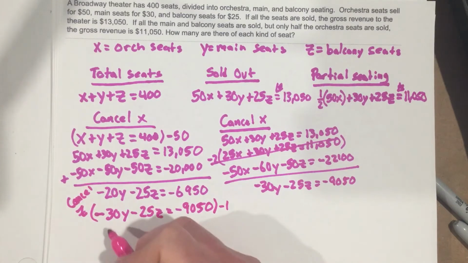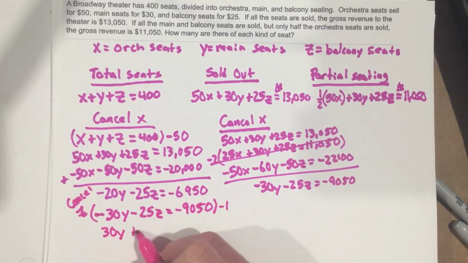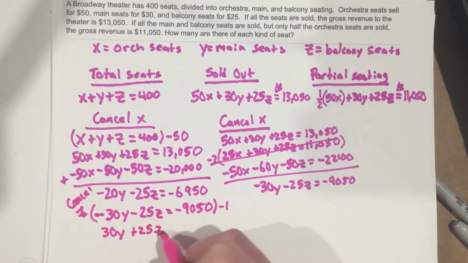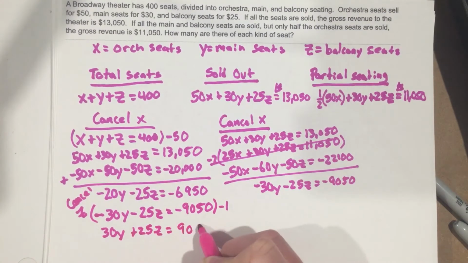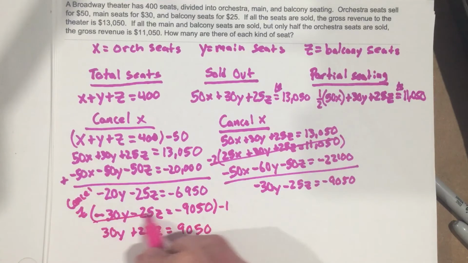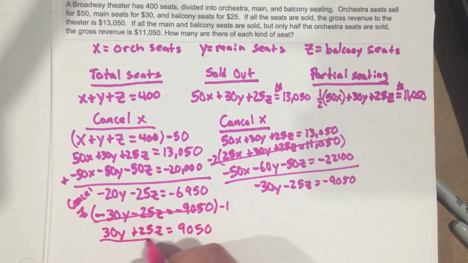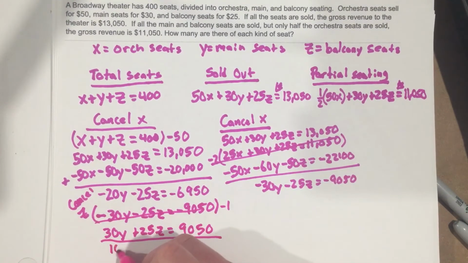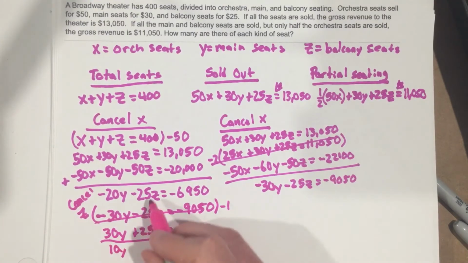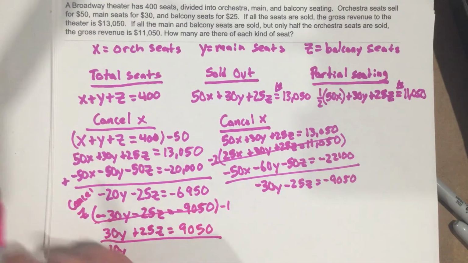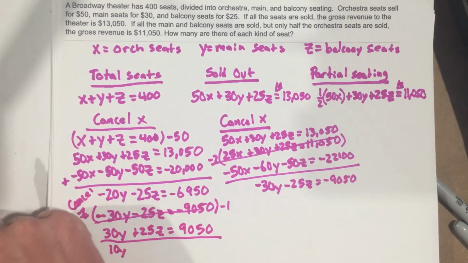So we're going to multiply and we get 30Y plus 25Z equals 9,050. Let's add those together. We're going to get 10Y. That cancels and we end up with 9,050 minus 6,950.